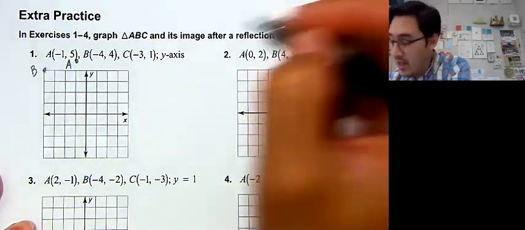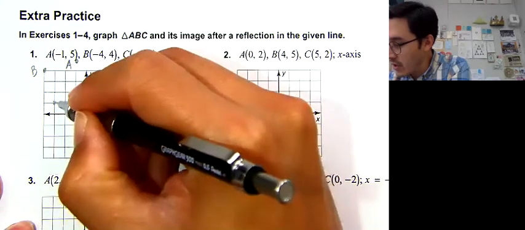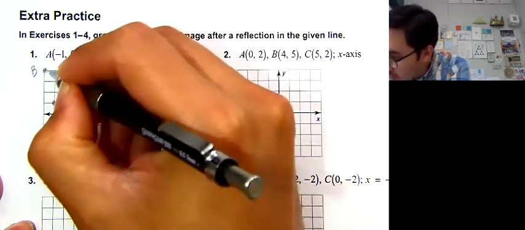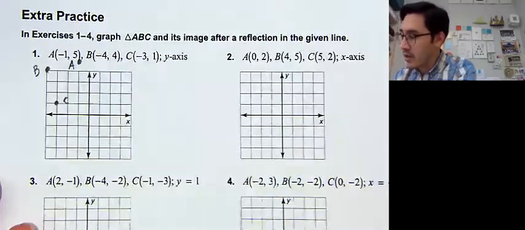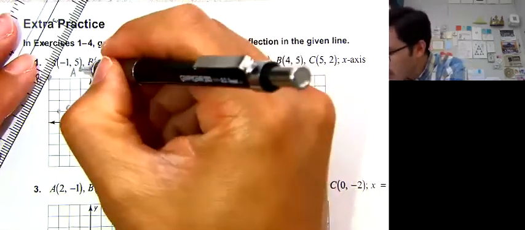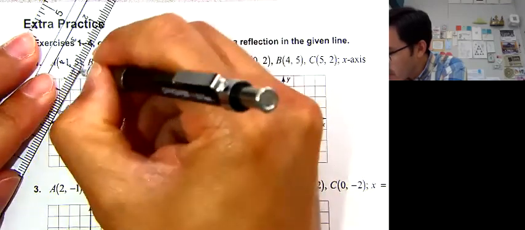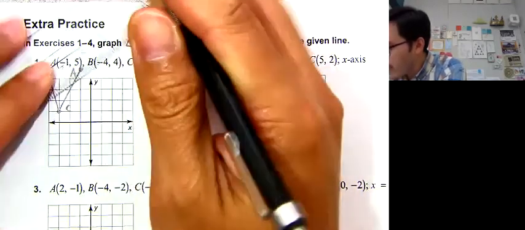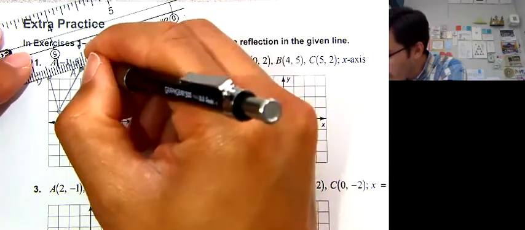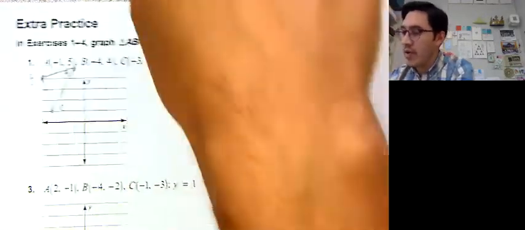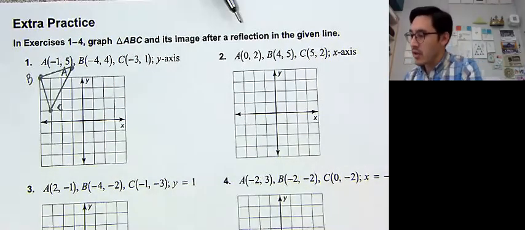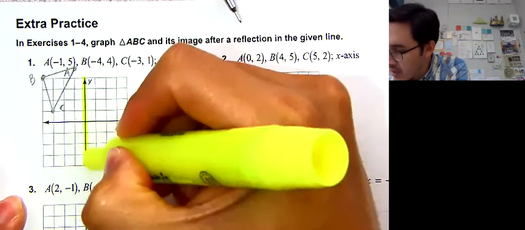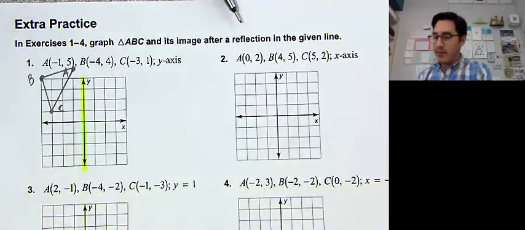Point B, and then -3, 1 would be point C. Okay. And we want to reflect this across the y-axis. Okay, so here is the y-axis.